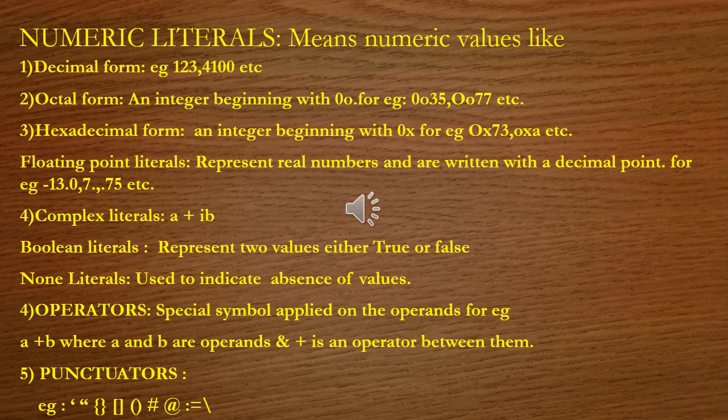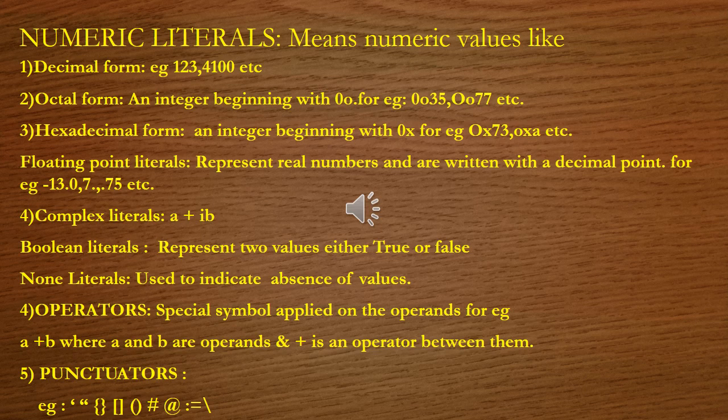Suppose we are writing a plus b, where a and b are considered operands, and plus is the operator between them. Operators can also be divided into different parts like arithmetic operators, logical operators, assignment operators. In the next class we will explain the different types of operators.